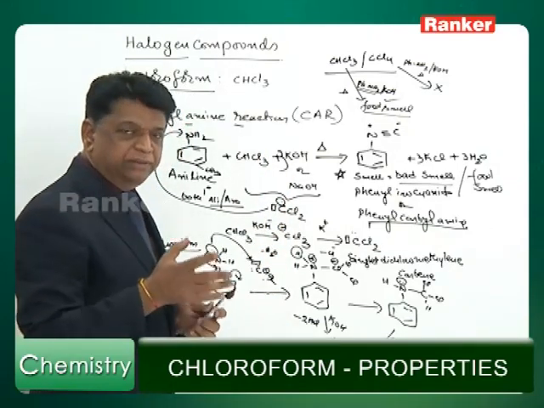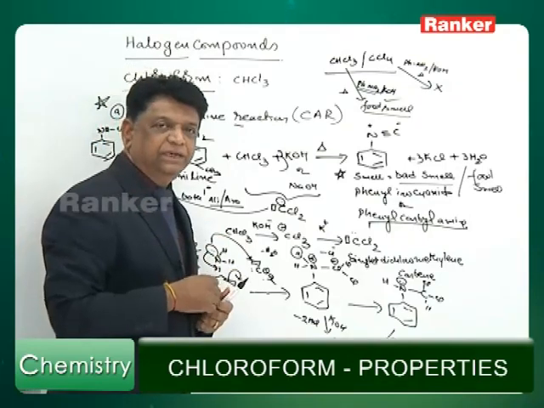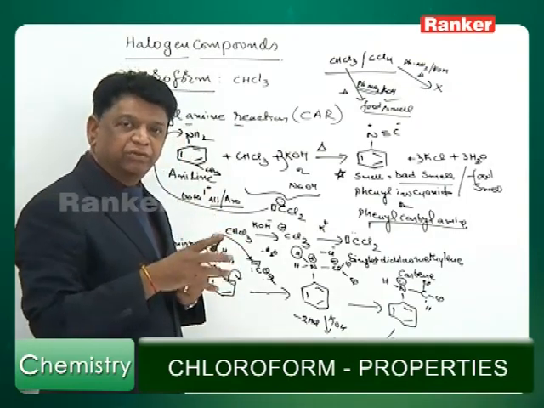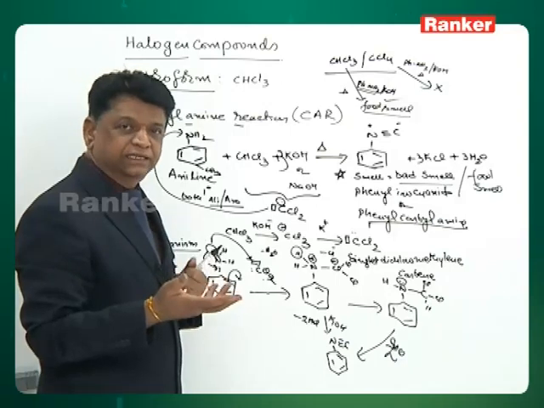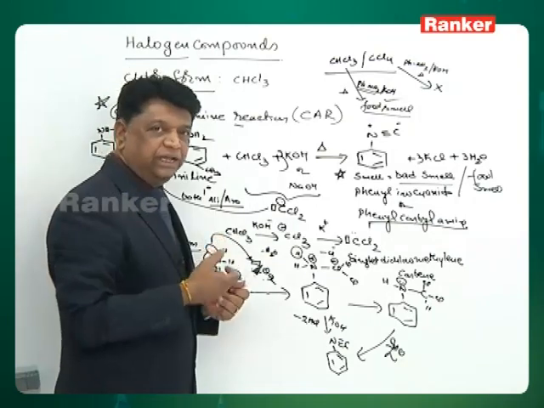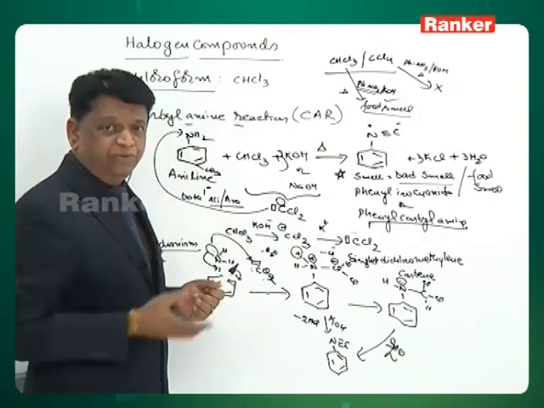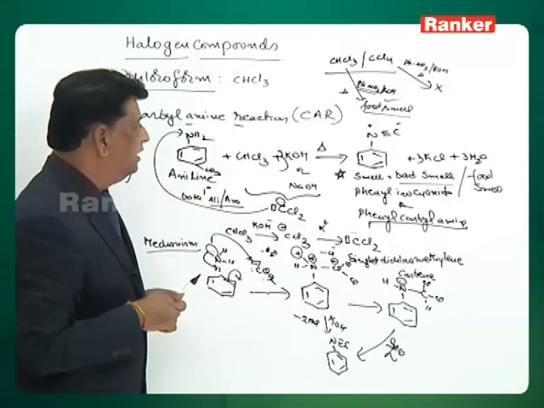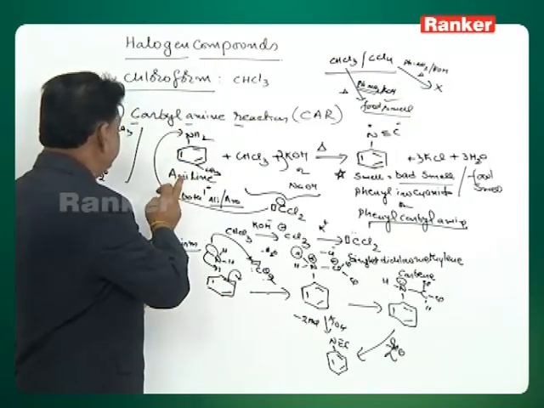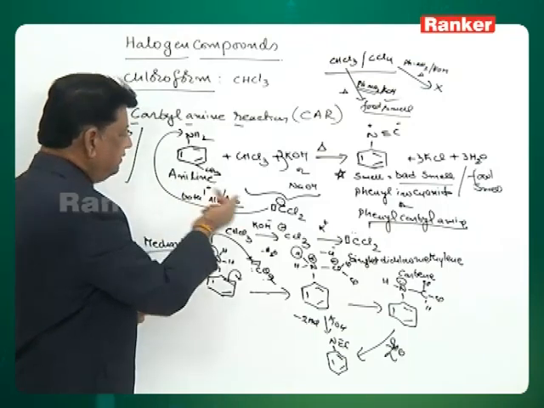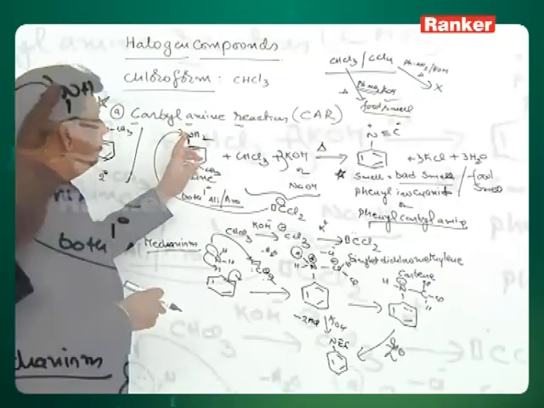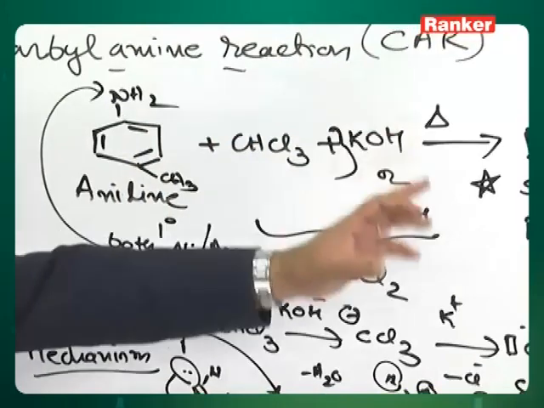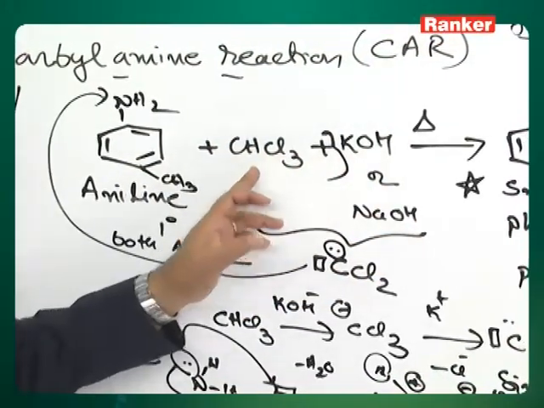Quite a number of times the smell will be there, isn't it? Whenever sulfur containing compounds, sulfides, are treated with acid they liberate H2S gas, which has a rotten smell. Like that here, aliphatic as well as aromatic 1 degree amines will liberate carbylamines when chloroform and KOH are added.